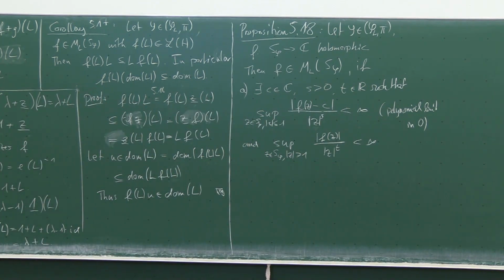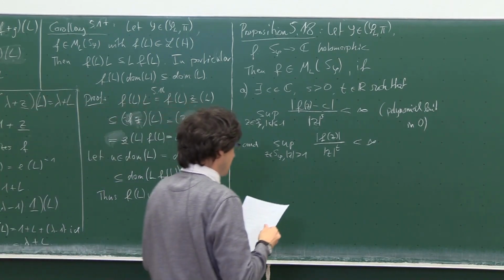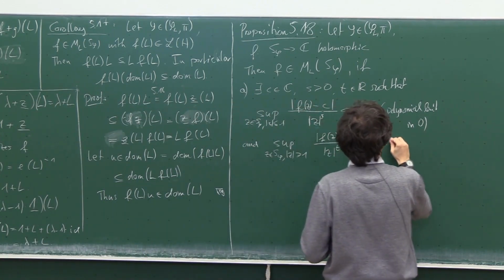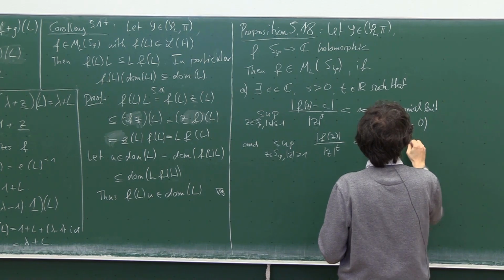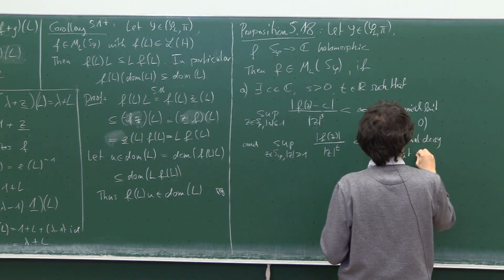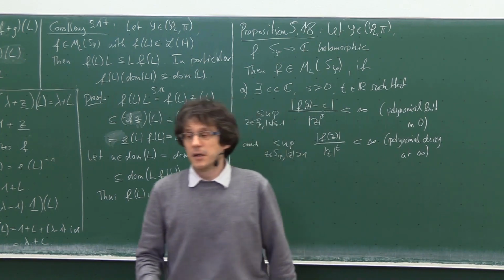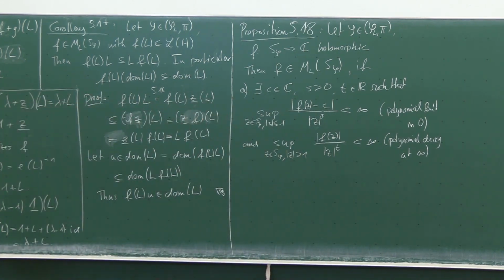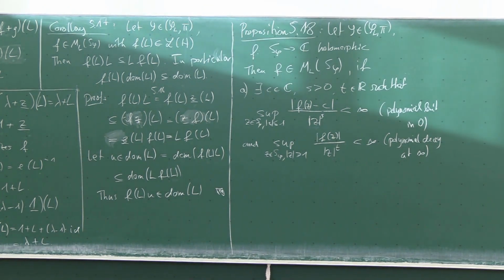So this means there must be some sort of decay at infinity. And this is something you can always achieve, we have a sectorial operator. Whenever you have a function that has a polynomial limit in 0 and polynomial decay at infinity, when it's holomorphic, this function will be regularizable.